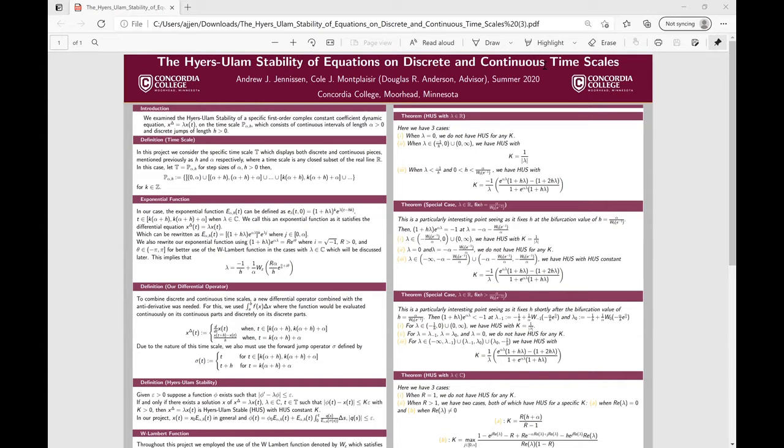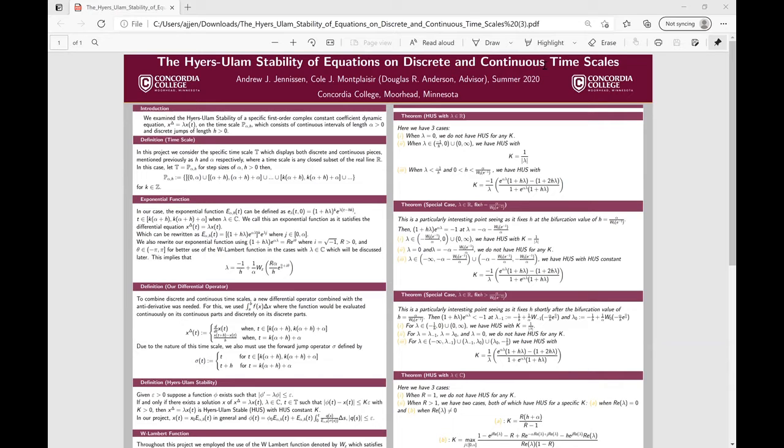So we defined that differential operator as x delta, which then for all t in that continuous interval, we just, again, did continuous differentiation like you normally would in calculus.